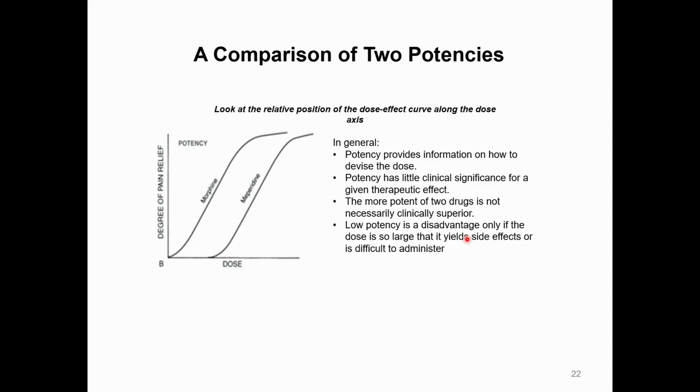So sometimes higher potency is good, but it's only in the case where a less potent drug tends to cause side effects because you have to administer so much of it, or you just can't physically cram enough of the drug into a capsule or into something you drink or something like that. So then the potency might be a consideration. But in general, efficacy is usually what drives choice of what to prescribe. So yes, morphine is more potent than meperidine in that case.